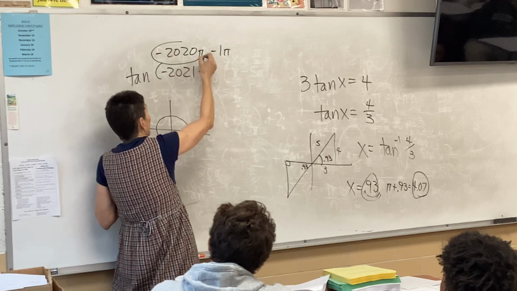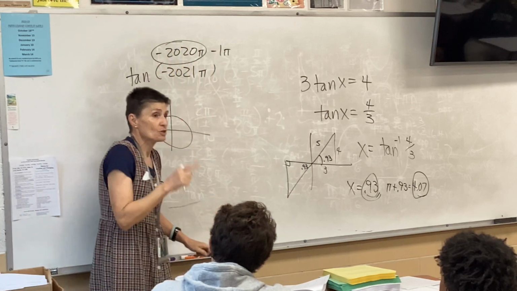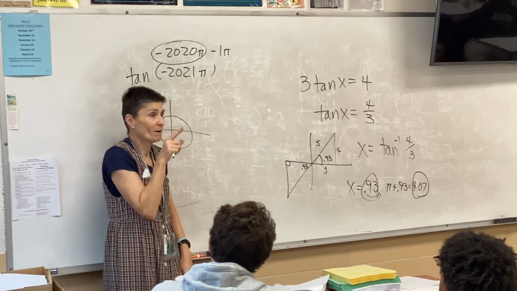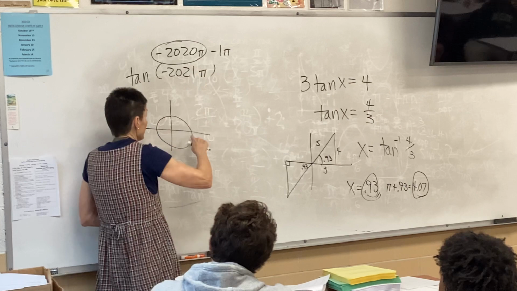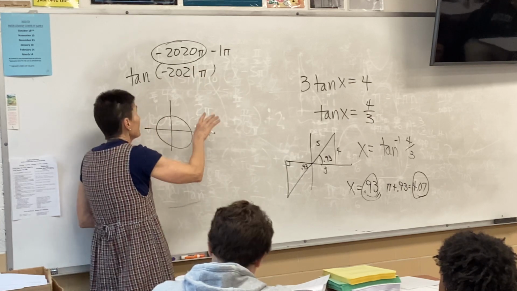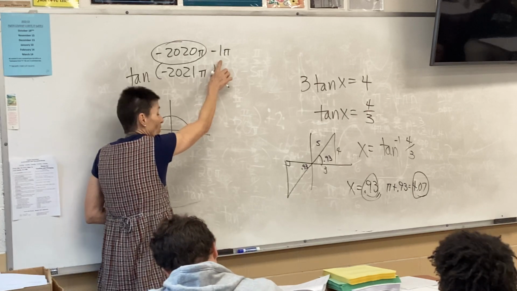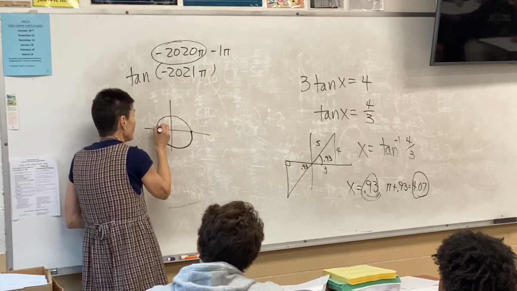What does this represent? It's an even number of pis, so doesn't it just represent a whole bunch of spins? Yeah. So this part of the angle is like zoom, zoom, zoom, zoom, zoom. Don't care about it. This extra part though, I do care about. So negative pi would be right here.